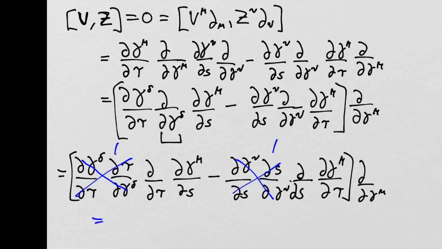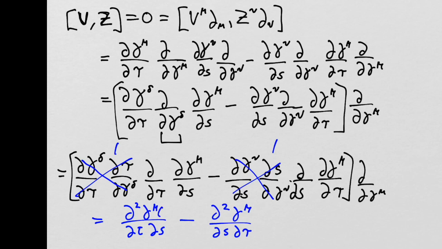That just leaves me with the second derivative of gamma mu with respect to tau first and s second, minus the second derivative of gamma mu with respect to s first and tau second. But gamma mu is a function of s and tau, so we know that normal partial derivatives commute, so that equals 0. That proves this assertion, and that'll be useful to us in a moment.